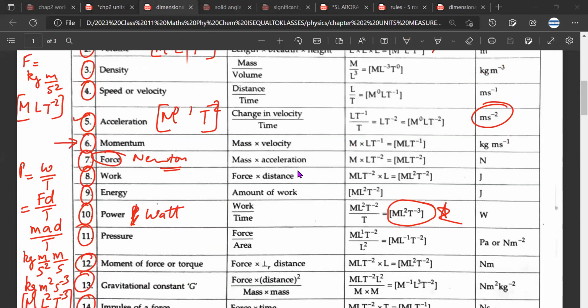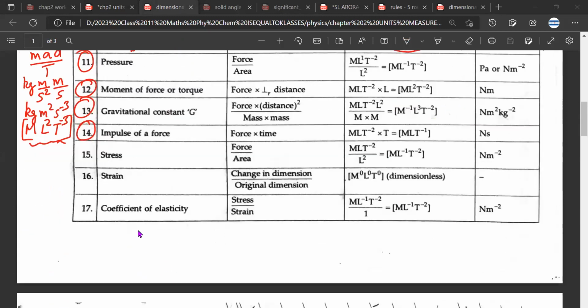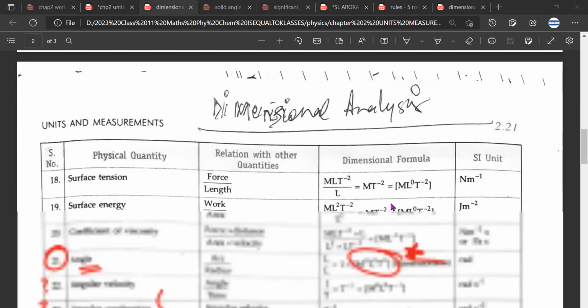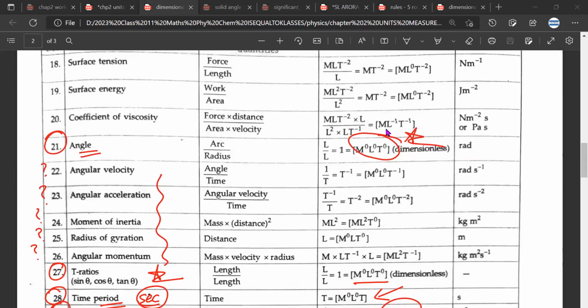If I need to find the coefficient of elasticity, I'll look at this table and find M raised to power 1, L raised to power minus 1, T raised to power minus 2. So at least this is the thing that I have. In all the textbooks, they have this chart. In the NCERT book, this is part of the annexure. So I can look for, for example, coefficient of viscosity: M raised to power 1, L raised to power minus 1, T raised to power minus 1.